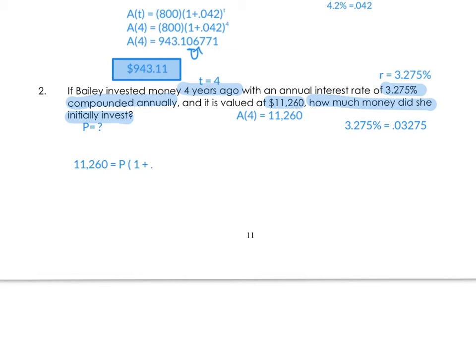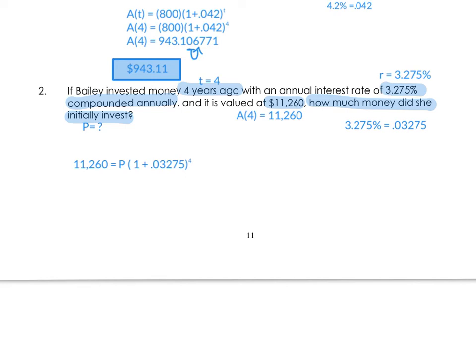So in my formula, I'm going to put 0.03275 in place of the R. Now don't forget, I still have that 1 plus because I'm using the formula A of T. If I wasn't using the formula and I was just thinking of y equals a b to the x power, then I would need to realize that it's an investment, it's going to grow, so it's going to be a 1 plus R since it's an exponential growth. So it's up to you which way seems the easiest. And then again, I know what T is, it's 4, so that's what's going to go in for my exponent.